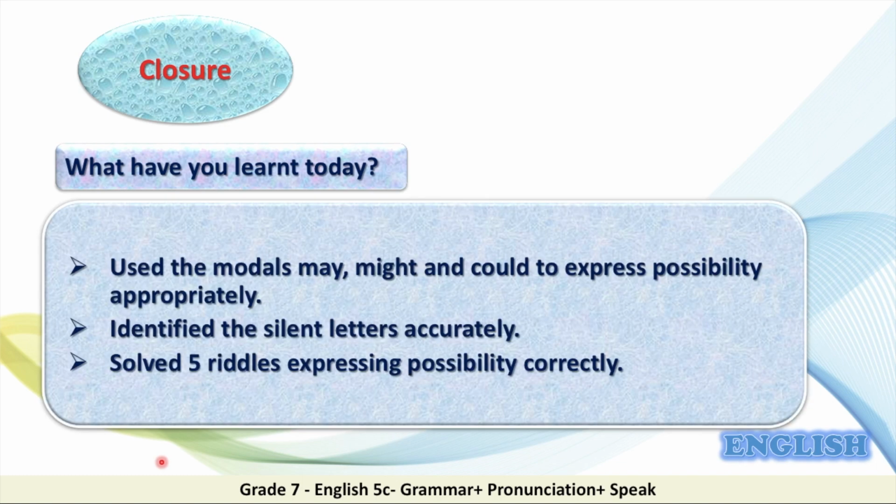Today, we've used the modals may, might, and could to express possibility appropriately, identified the silent letters accurately, and we've solved 5 riddles expressing possibility correctly. That's the end of our lesson. I hope you enjoyed it.